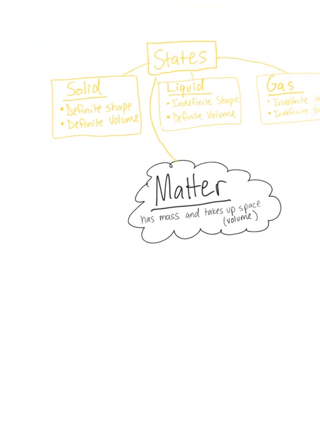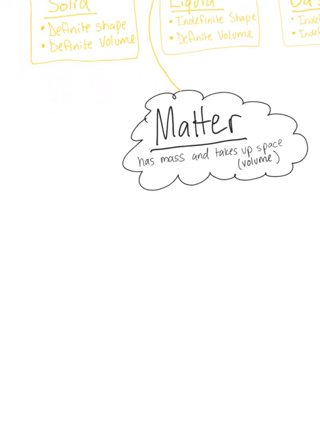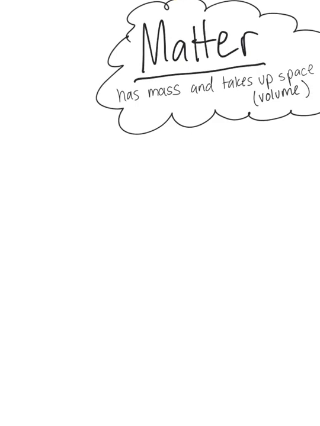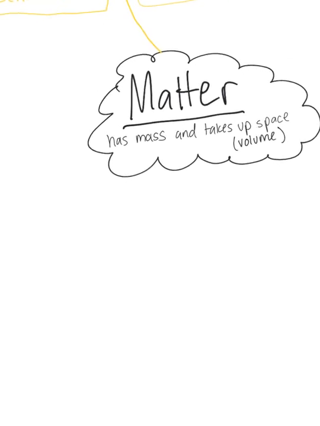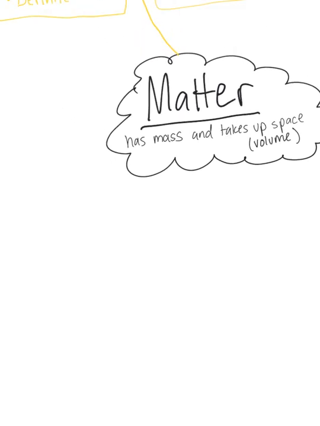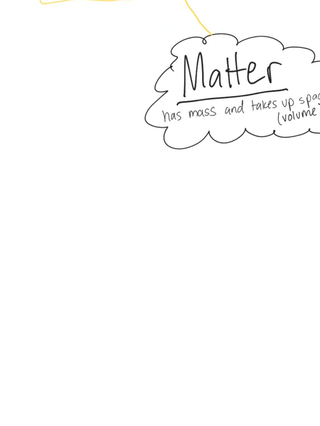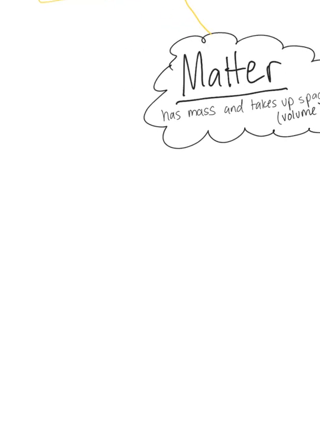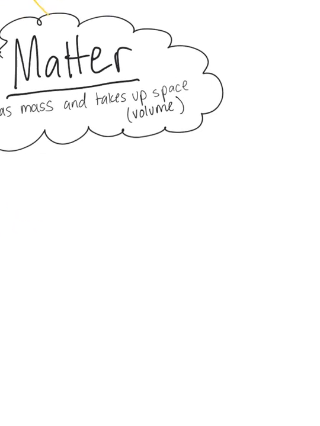Okay, so after we talk about our states of matter, it's worth talking about two other very important distinctions about matter, and that is these things that we call mixtures and the things that we call pure substances.